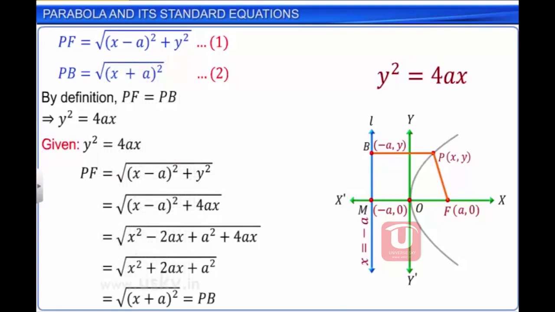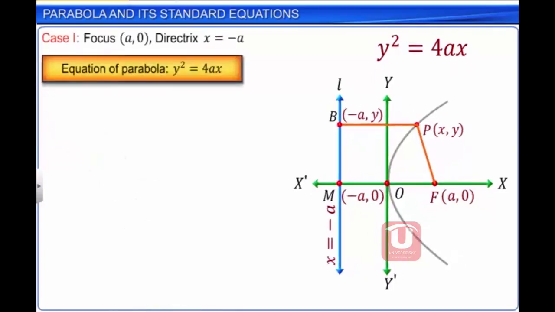Thus, the equation y square is equal to 4ax represents the parabola with the axis of symmetry along the x-axis, the vertex at the origin, the focus at (a, 0), and directrix x is equal to -a.